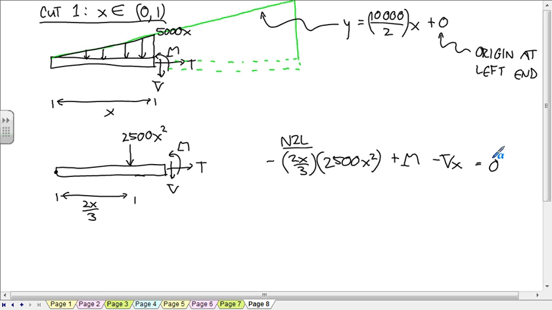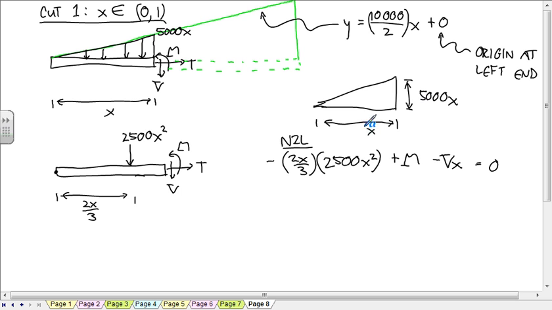One more time, how did you get that 2,500x squared? We just have a triangle. So we have a triangle whose height is 5,000x and width is x.